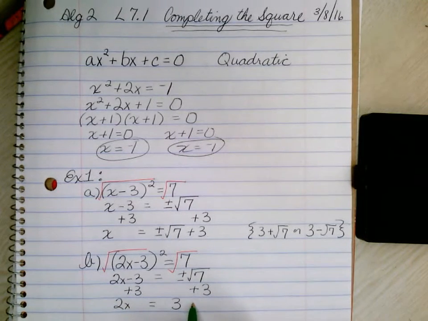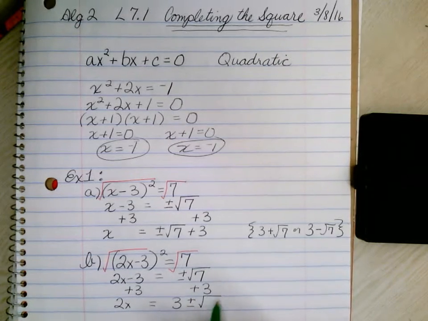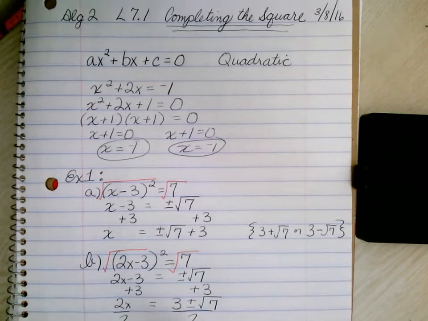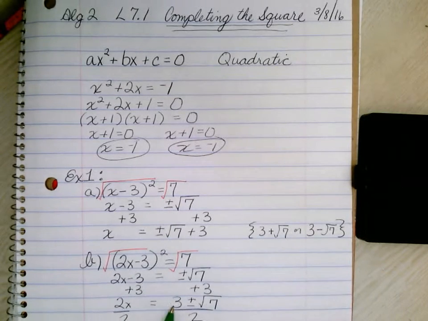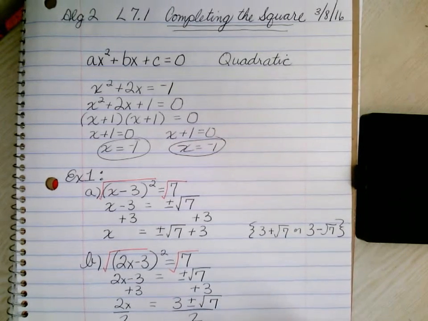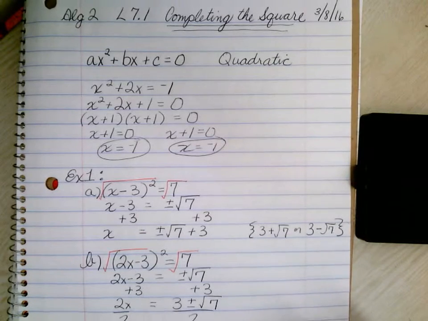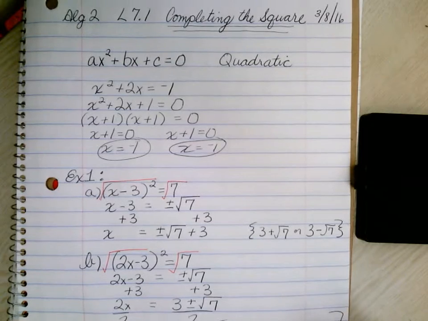I'm going to write it the way they do it. Divide by 2, divide by 2, and x is equal to 3 plus radical 7 over 2. It can also be equal to 3 minus the square root of 7 over 2. Okay, that would be your solution set.